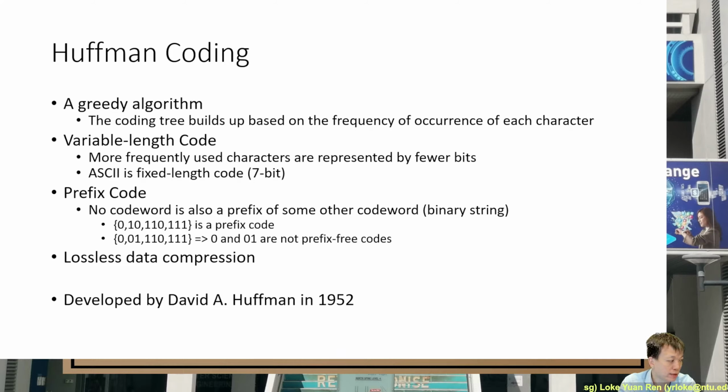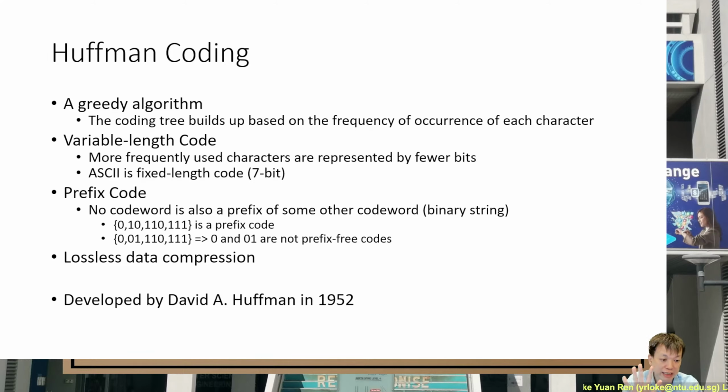26 characters, 5 bits. Yeah, more than enough. Because 5 bits, 2 to the power of 5 is 32. I can represent up to 32 characters. You have 26 characters, A to Z. You want to find a way to represent them.